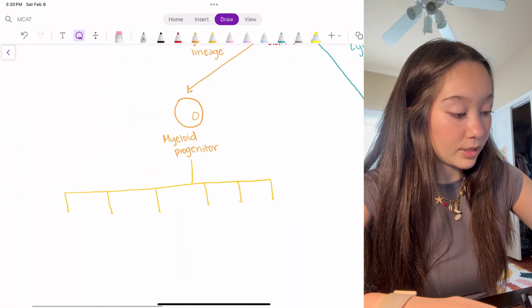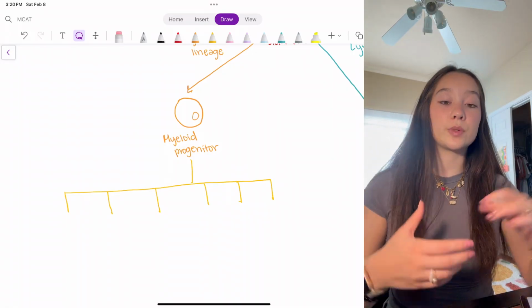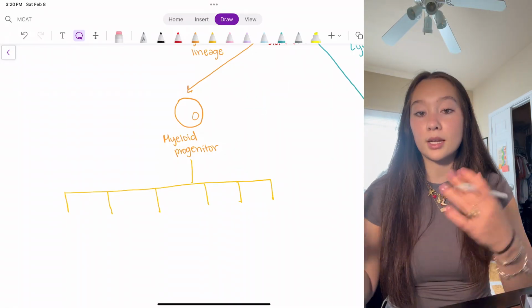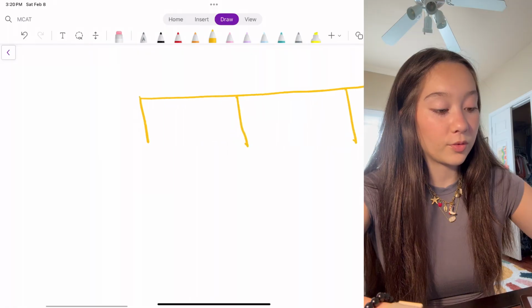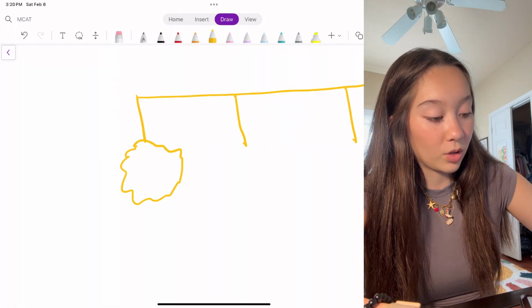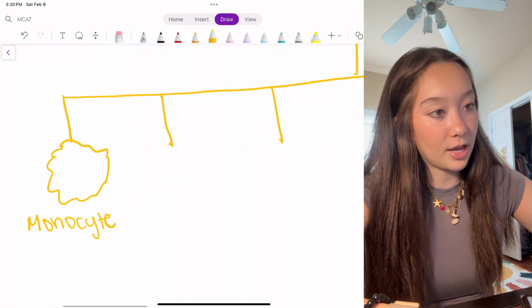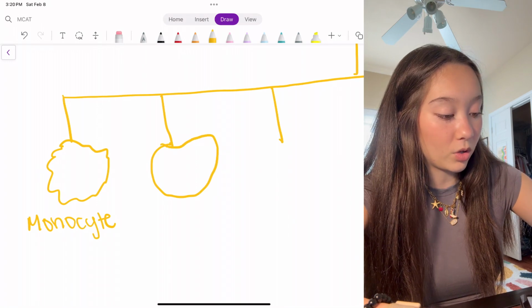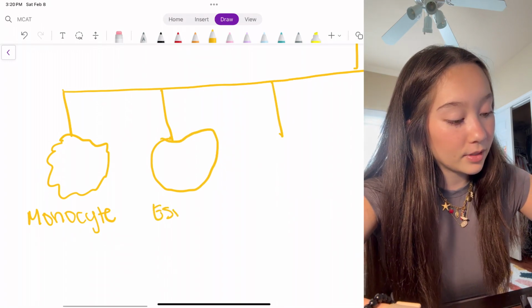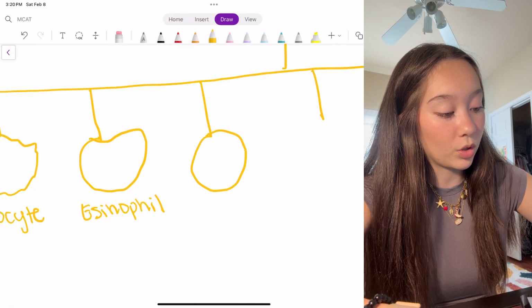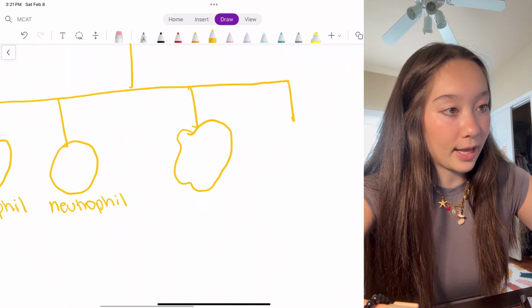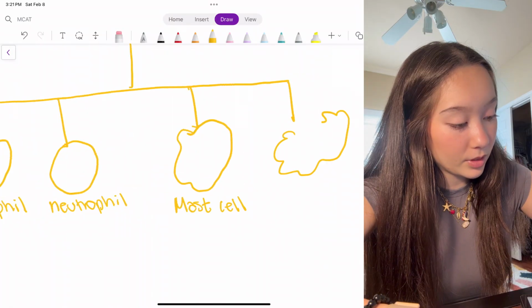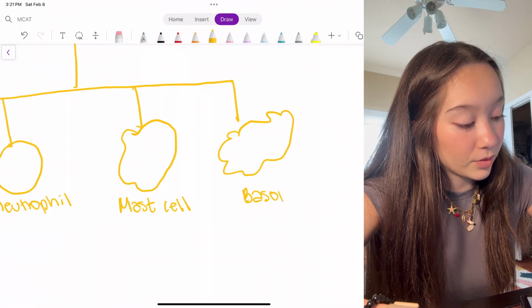Our myeloid cell can differentiate into 6 different cells in the innate immunity pathway. So first is something called a monocyte, and the next is something called an eosinophil, and then we go into our neutrophils, and then we have our mast cell, and then we have our basophil.